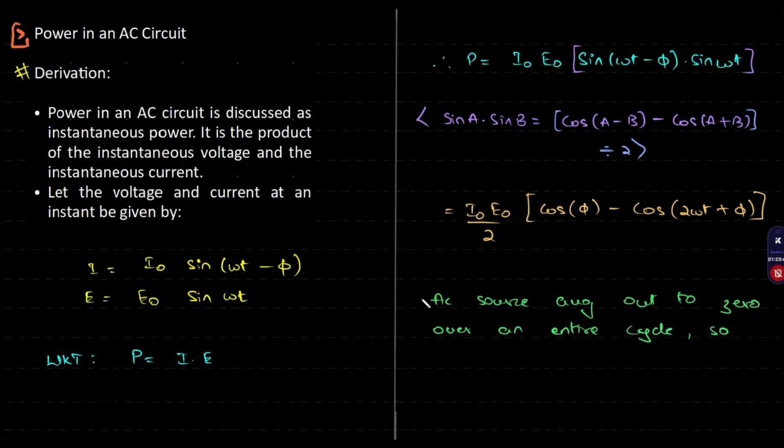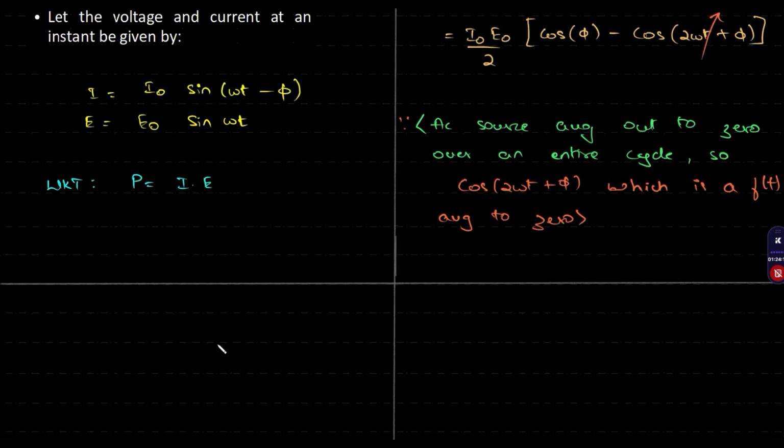So what we are trying to say over here is that cos of 2 omega t plus phi, which is a function of time, averages to 0. So we can equate this to 0. And so your power expression will be I naught E naught by 2 cos phi.